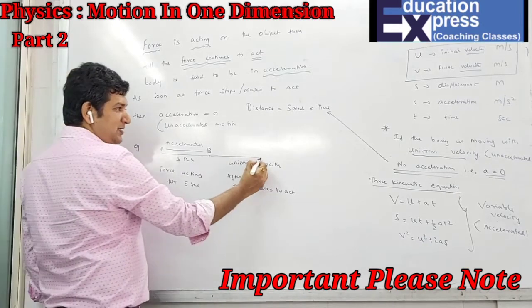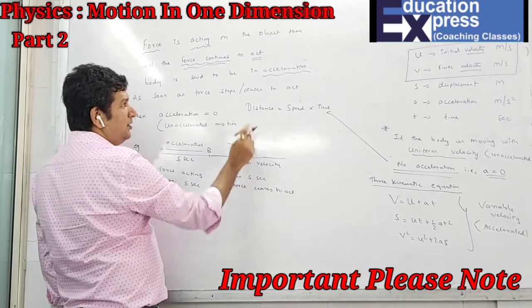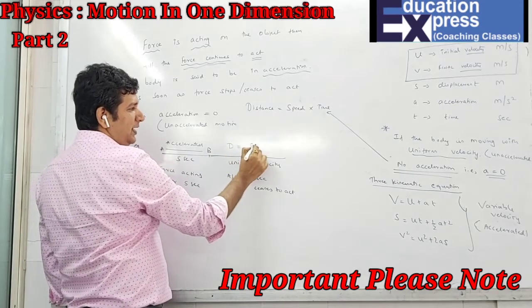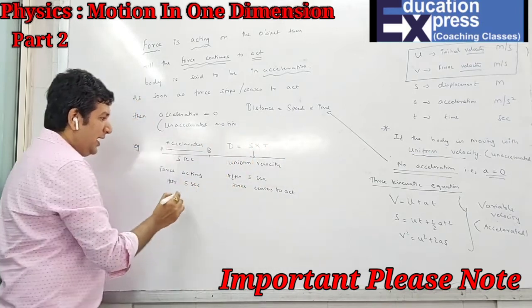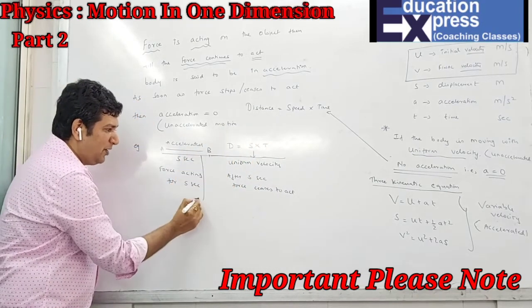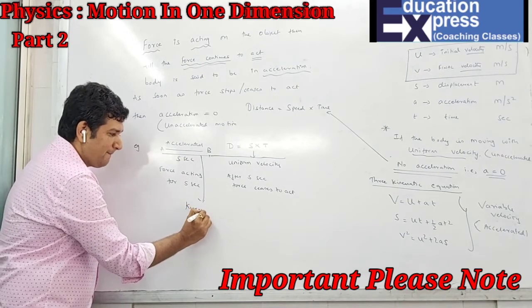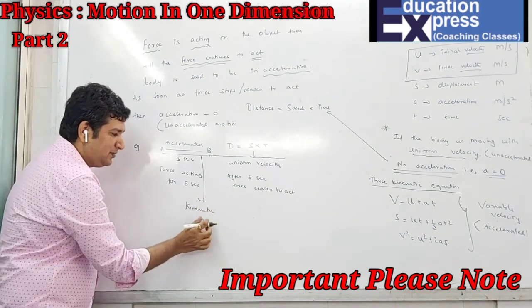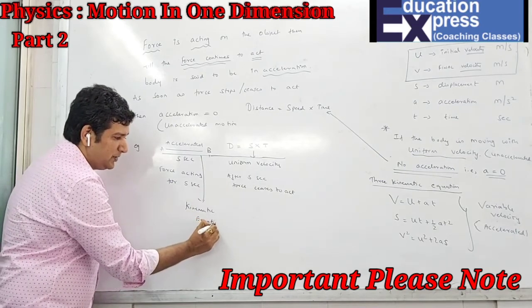That means in case I want to find the distance over here, then the distance would be obviously speed into time, because it is uniform velocity. And here if I want to find the distance, I can use the kinematic equations, because it's actually accelerated motion.